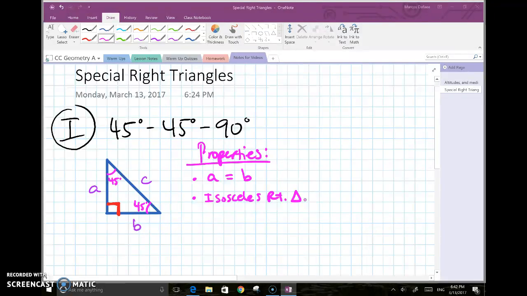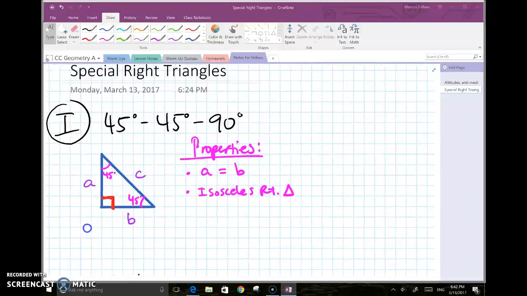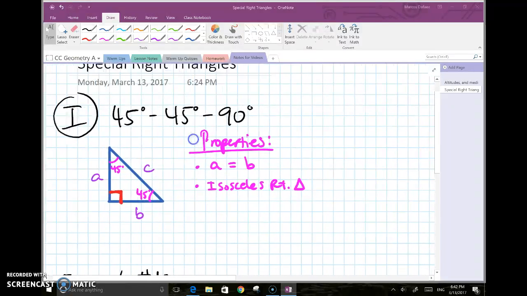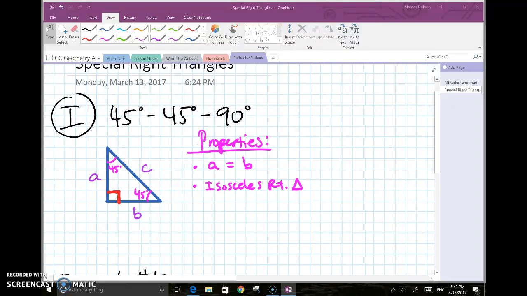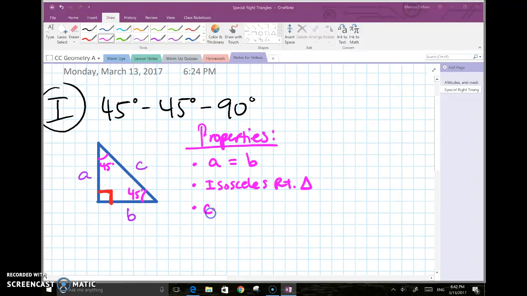Okay, side C is always the hypotenuse, which means that it is automatically the longest of the three sides of this triangle. And with the 45, 45, 90 triangle, there is also a special way of showing just how much longer it is compared to A and B. So what would be good to know here is that C is exactly radical 2 times, or actually I'm going to write it this way.